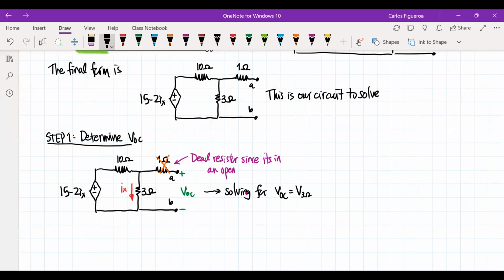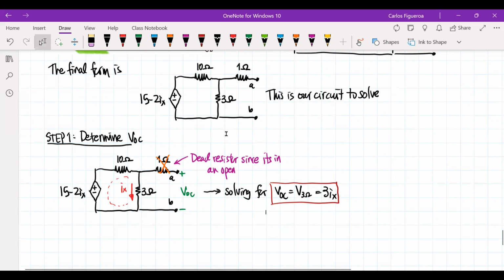And note, again, there's only 1 loop. So if I look at this loop, you could see that this loop is going like this. So that means this guy has to be 3IX. So I know this is what I've got to do here. So if I can determine IX, I now know immediately what the VOC is.